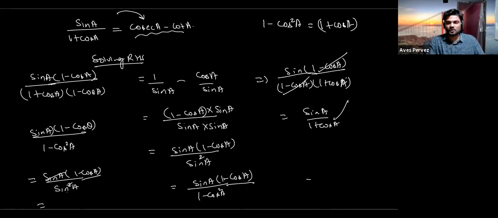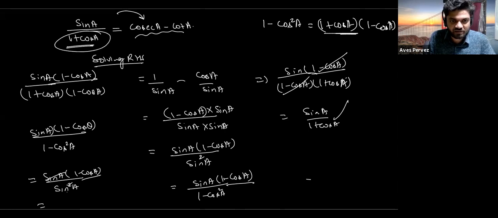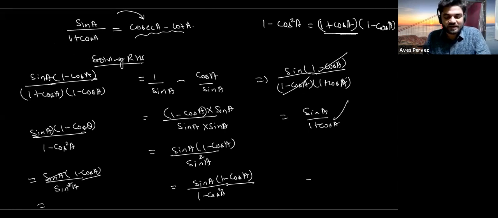So you know that this one is written as 1 minus cos and 1 plus cos. Actually, we need 1 plus cos in our answer, so it can be simplified by multiplying with sine and cos, which is the rationalization.